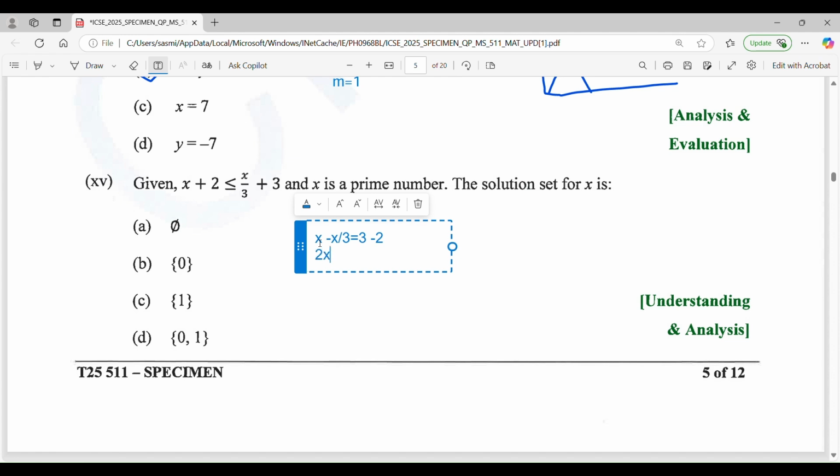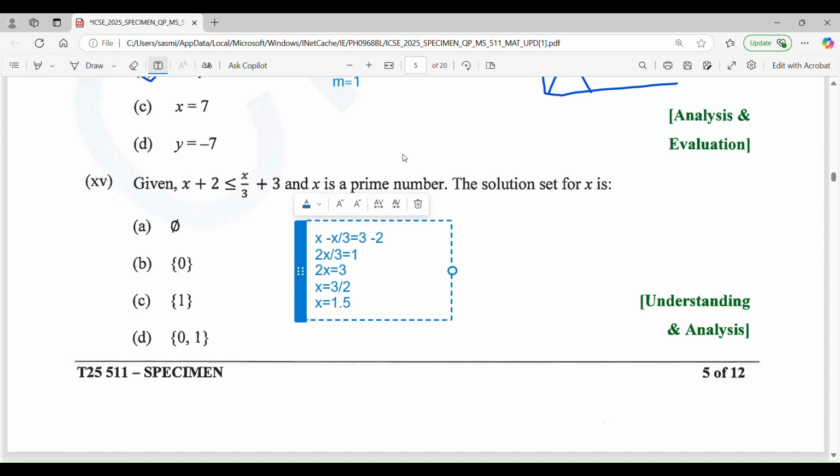So 2x by 3 equals 1, which means 2x equals 3, so x equals 3 by 2, that is x equal to 1.5.